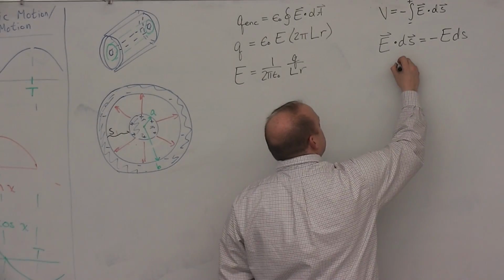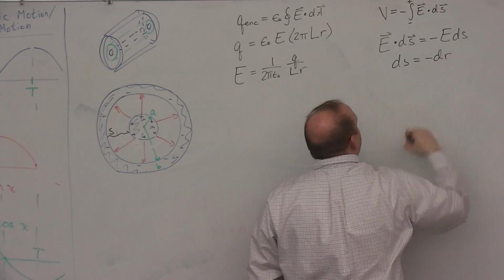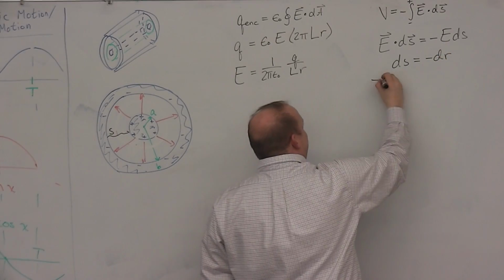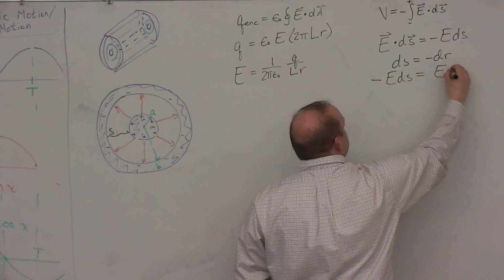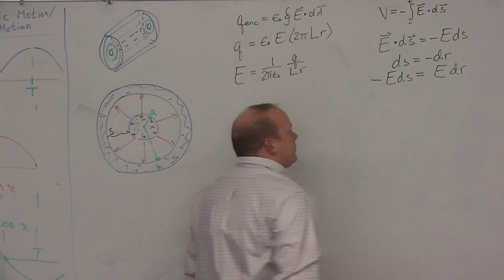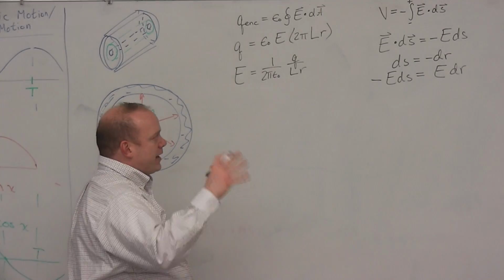ds is equal to negative dr. So negative E ds is equal to E dr. All right, so we've done our final substitution here. I know that gets a little funny.